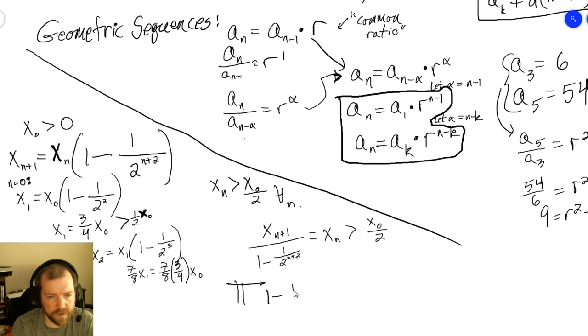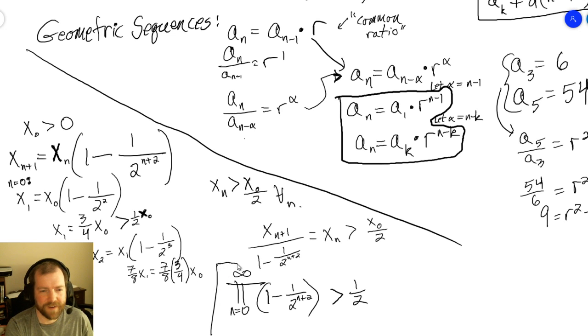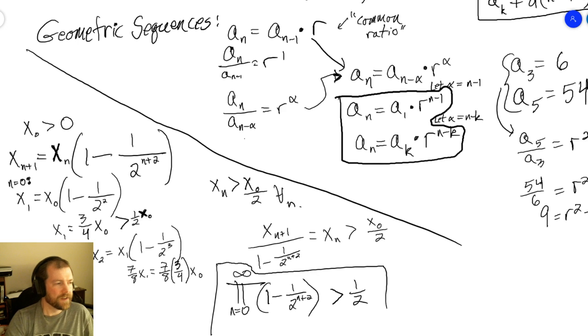It's 1 minus 1 over 2 to the n plus 2, starting with n equals 0 and going to infinity. All right, well, there you go. Gee, that simple, huh? So really, you need to prove that this is greater than 1/2. See, I have reduced your problem.